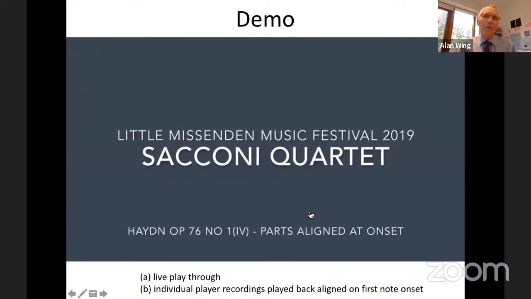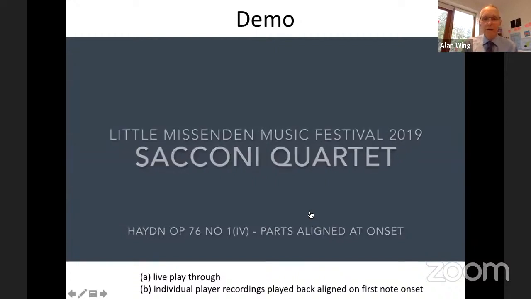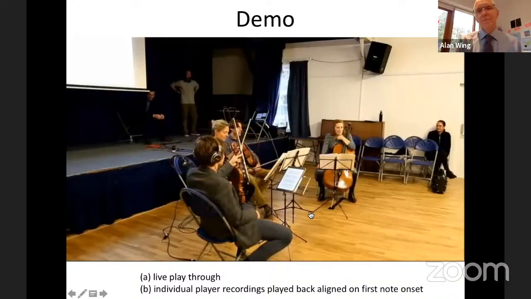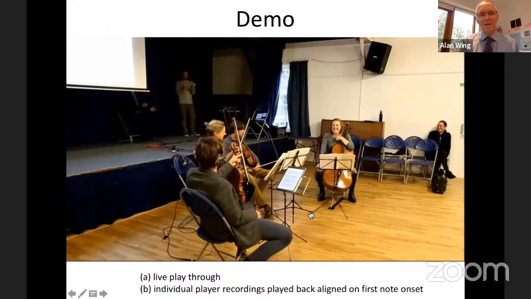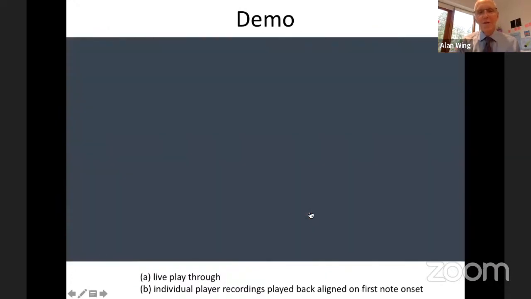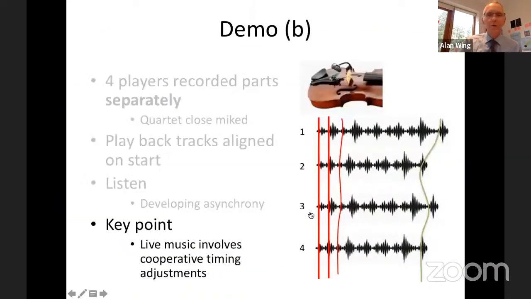So now what we do is take the four recorded tracks, align them on the first note. That's the Synchro Quartet as you never heard them before.